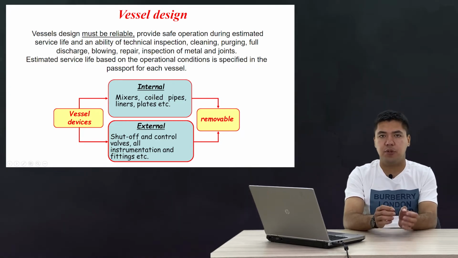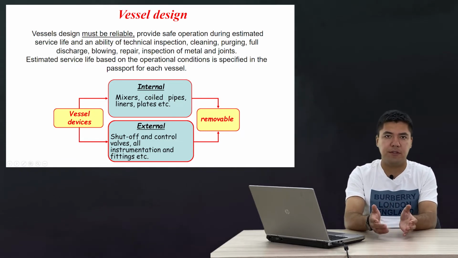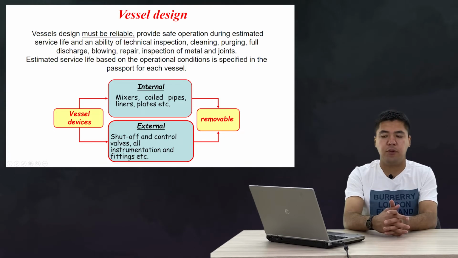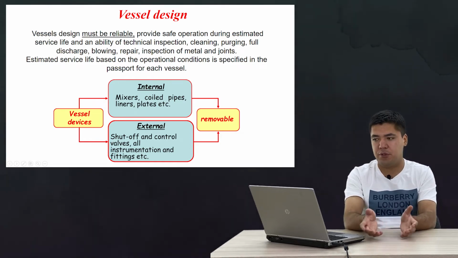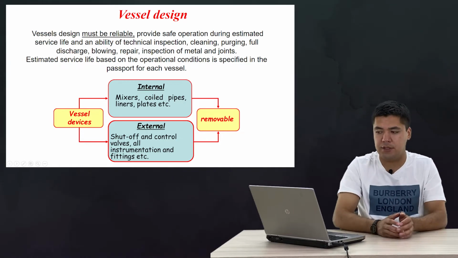Pressure vessels and pressure equipment may have internal or external devices like mixers, coiled pipes, liners, shut-off and control valves, and so on. Despite the presence of those devices, none of them shall be an obstacle to the next operations, like, as I mentioned, inspections, cleaning, purging, full discharge, and so on.